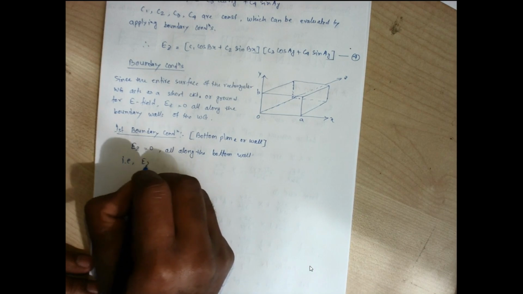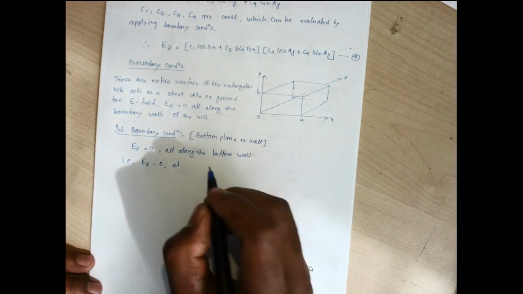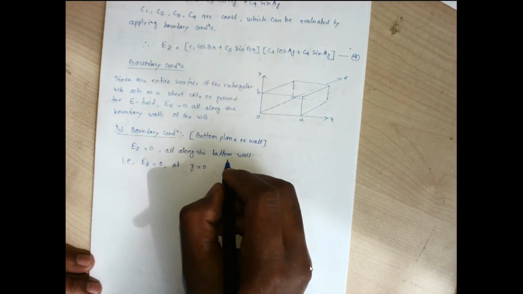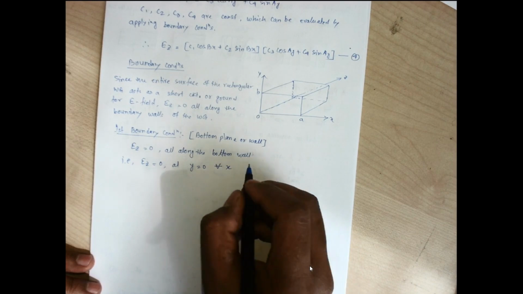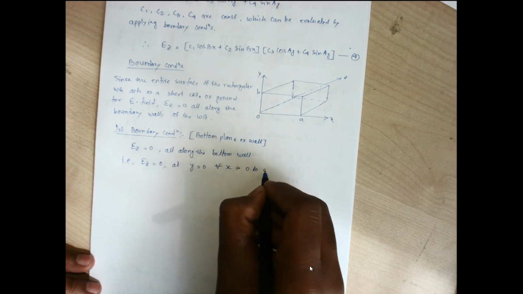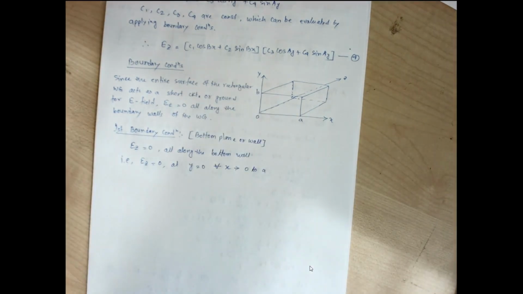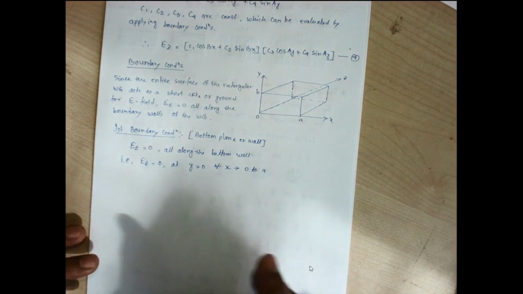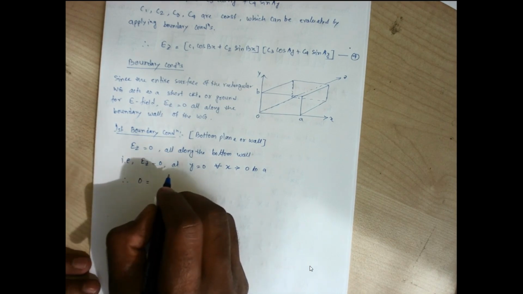That is what we can say, Ez is 0 at this plane, which exists at y equals to 0, for all values of x ranging from 0 to a. This bottom plane is situated at y equals to 0 and it exists for x starting from 0 to a, right?